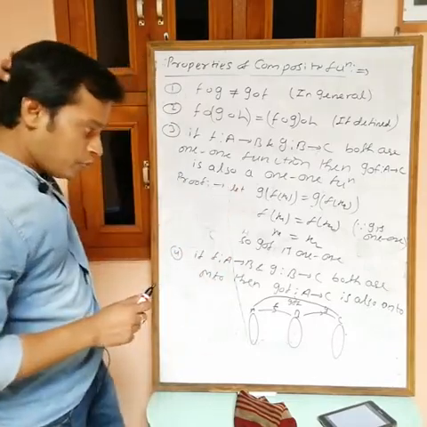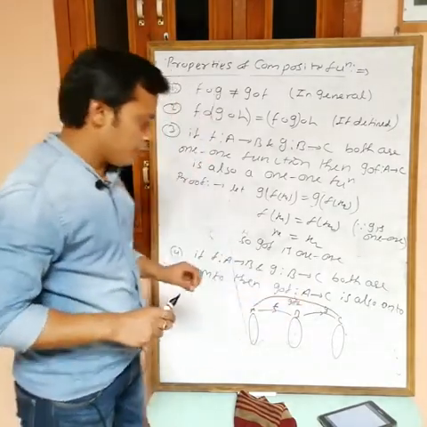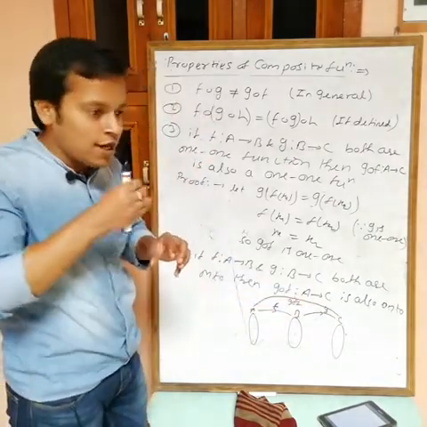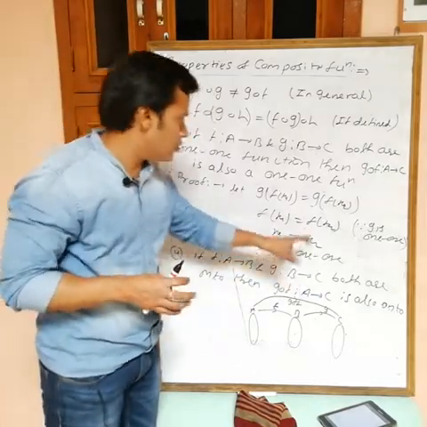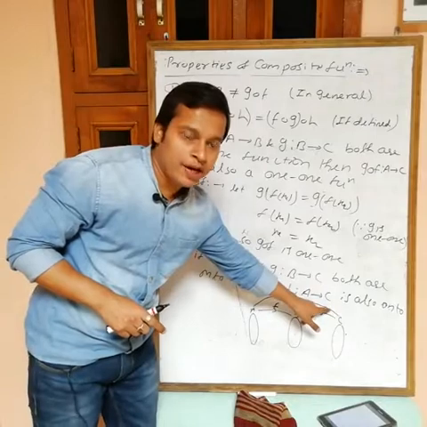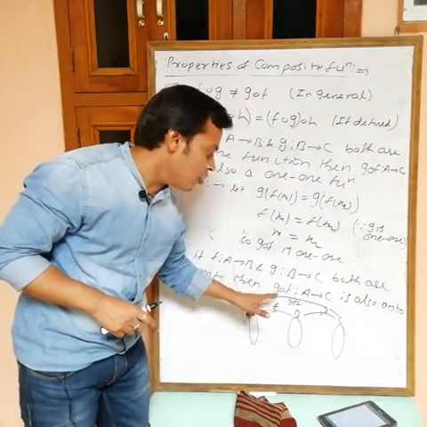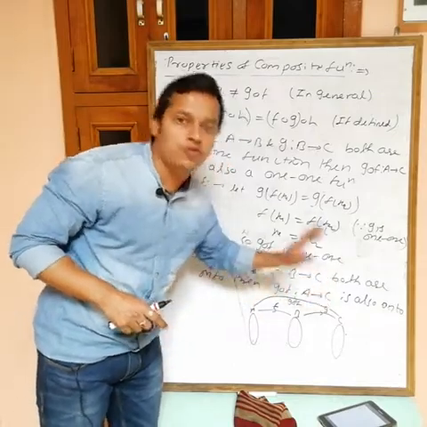So to prove that gof is onto, I have to prove that for each element in C, we have at least one element in A such that gof of that x equals z.